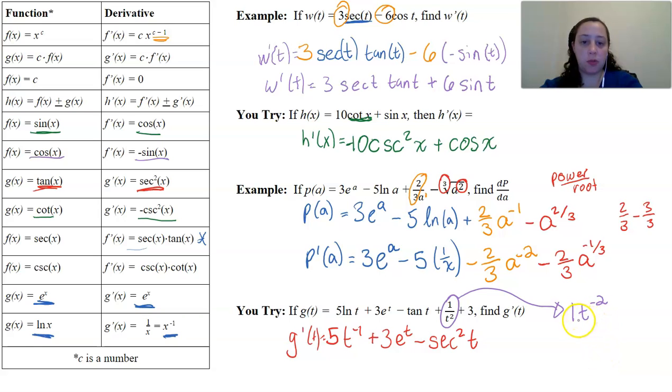So the derivative of this, negative 2 multiply 1 is negative 2 t, negative 2 minus 1 is negative 3. Here we have a constant, and the derivative of a constant is 0, so I don't need to write it. So all you need to do is know which rule you're applying and put it in for the derivative. So it's very important that you memorize all of these rules.